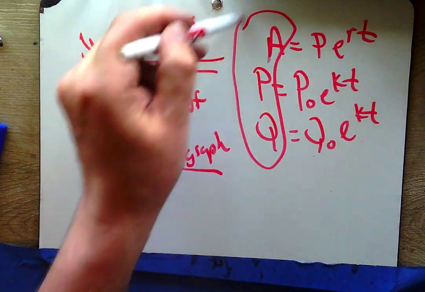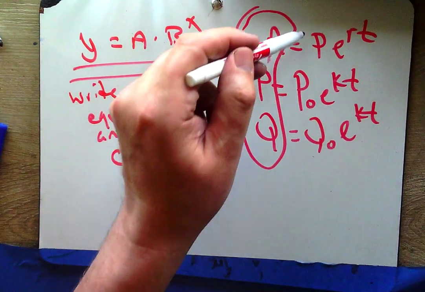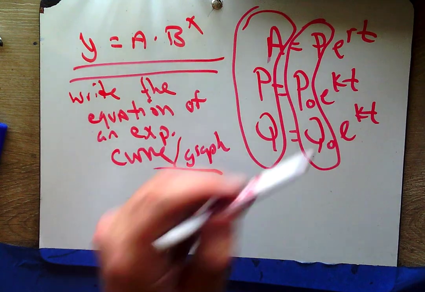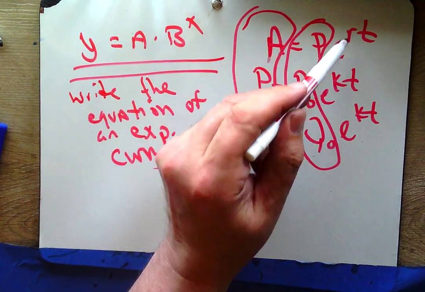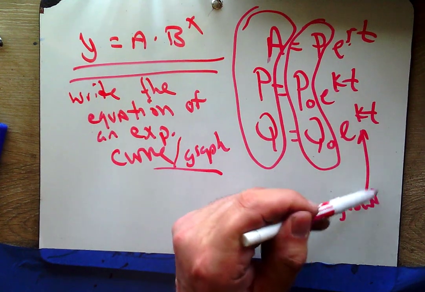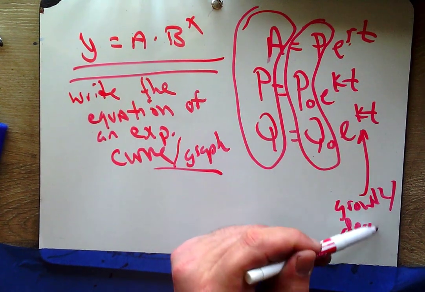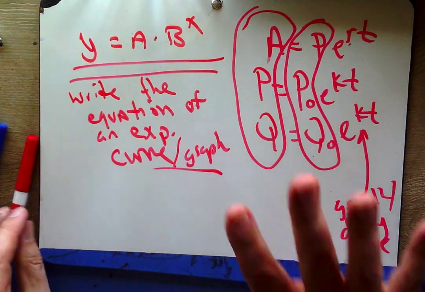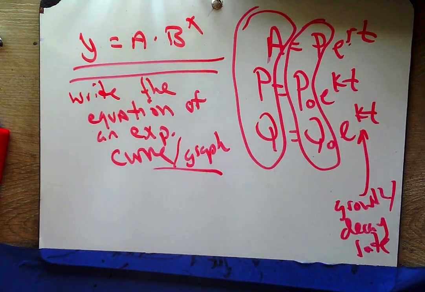This always stands for how much you end up with. This always stands for what you started with. And whether we write an r or a k, that's our growth or decay rate. All right? So please know your formulas. You'll be much happier if you do.